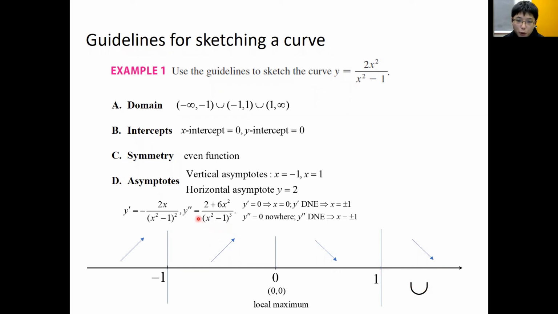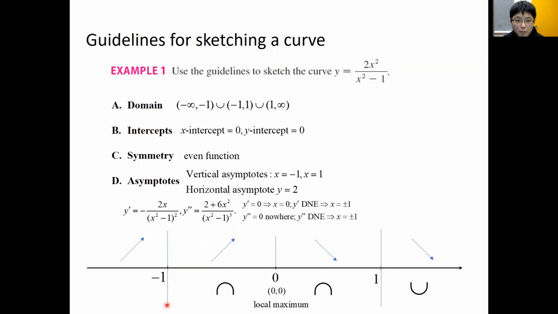Okay, when x is between minus 1 and 1, you see that the denominator is actually negative. The most convenient way to test this is simply to plug in x equals 0. So you get minus 1 cubed, which is negative. So we know that the denominator is negative on this interval while the numerator is always positive. That way I know the function is concave downward because this fraction is negative.